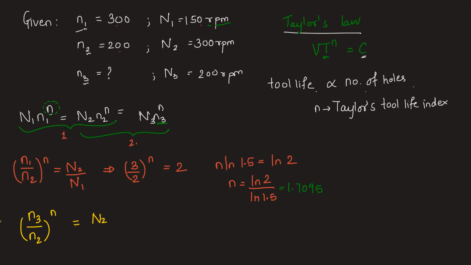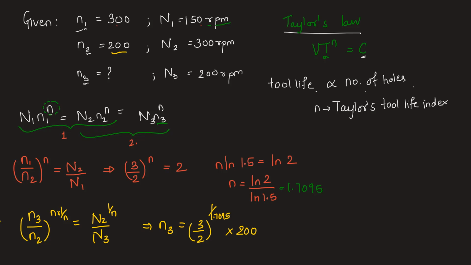Now putting this value in the second step, we get n3 upon n2 to the power n is equal to N2 upon N3. Raising both sides to the power 1 by n, we will have n3 equal to N2 by N3, which is 300 by 200, which is 3 by 2, to the power 1 upon 1.7095, into small n2, which is 200. The given values are similar for multiple terms, so as I told you in the beginning, please pay attention while substituting the values.